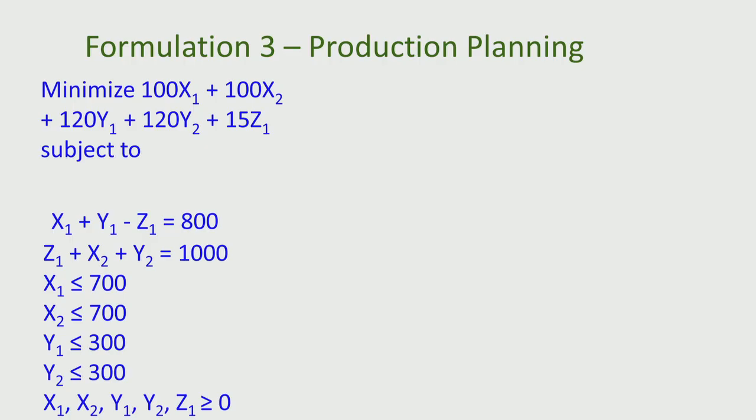We also have capacity restrictions where x1 is restricted to 700, so less than or equal to 700. x2 is less than or equal to 700, which represents the regular time capacity in the 2 weeks. y1 less than or equal to 300, y2 less than or equal to 300 represents the overtime capacity in the 2 weeks.